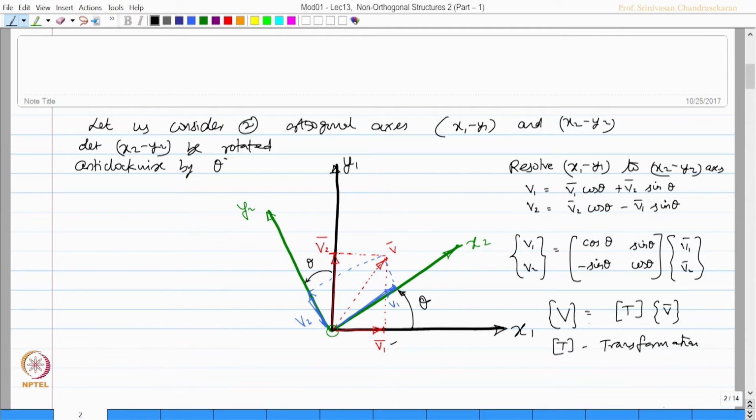Alternatively, I can also resolve x 2 y 2 to x 1 y 1 axis.